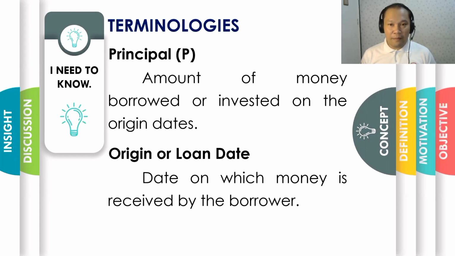Okay, but remember, in the computation of the simple and compound interest, basically, when we talk about exact interest and ordinary interest, origin date is not included in counting for the use of money.